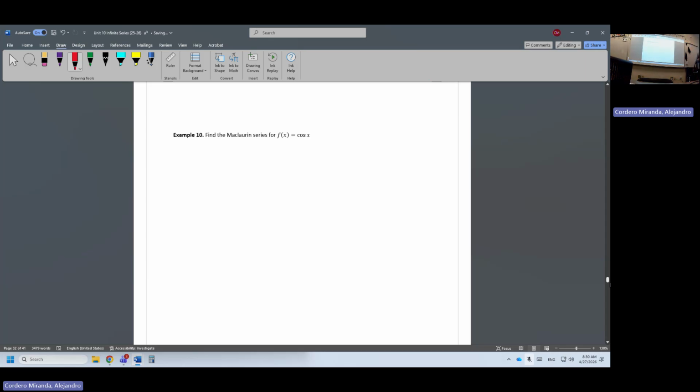All right, Maclaurin series for cosine. That one I think you should do and see where you're at with all these things. So do the same thing, f of 0, f prime of 0, until you find a pattern, and then see if you can write this up.